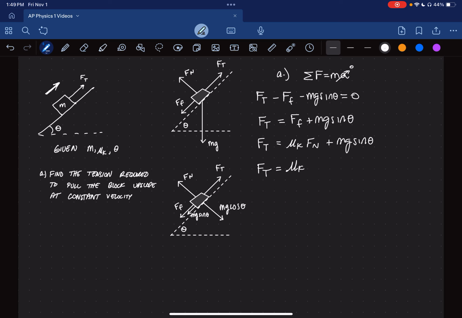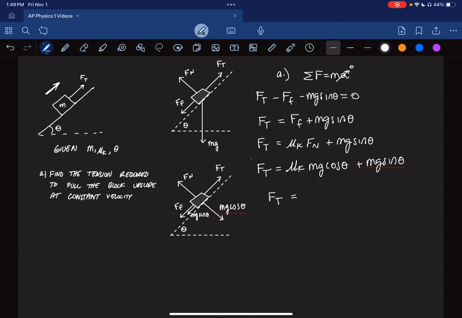Mu sub k is fine, but the normal force we need to write in terms of m and theta. Well, the normal force, if you look at this diagram here, is equal to mg cosine theta. There are no accelerations in this dimension. So this is mg cosine theta, and we'll bring down the mg sine theta. Cool.